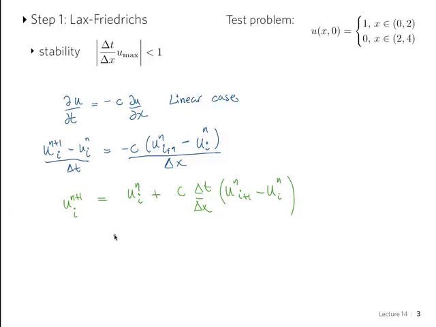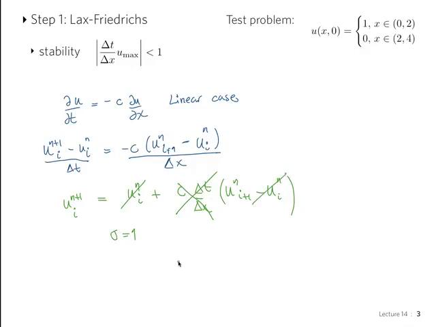So let's see what happens with the CFL equal to 1. That means this factor is 1, and so this cancels with that one, and we've got an exact solution.